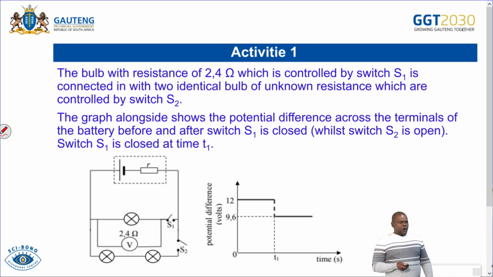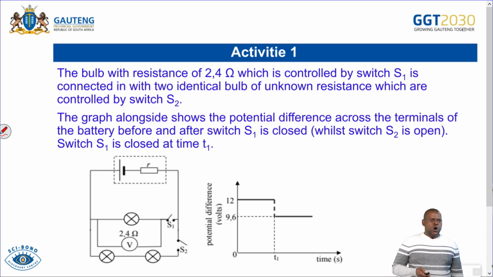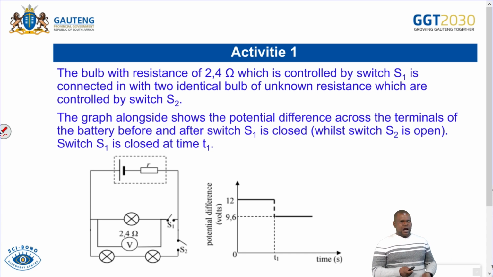Okay, we are continuing. We're looking at the activity now. I like this because we also need to look into our graphs, the graph related problems. You can see from the circuit, we have 3 bulbs. 2 of the bulbs are connected in series, and 1 bulb is connected in parallel to these 2.